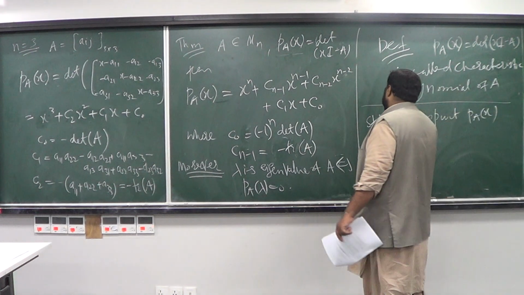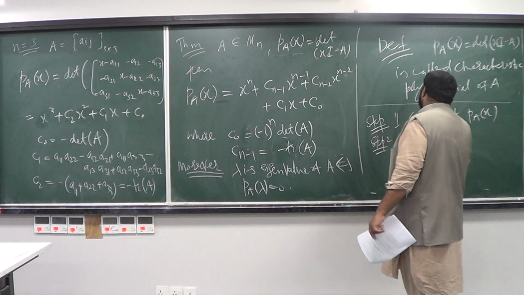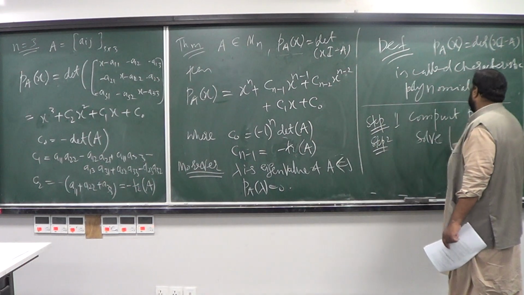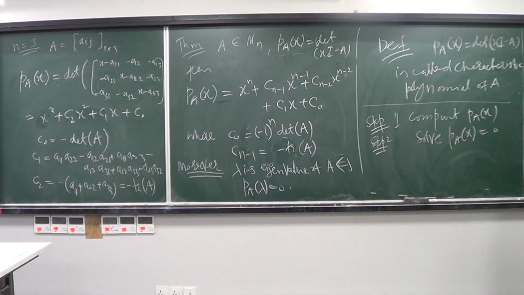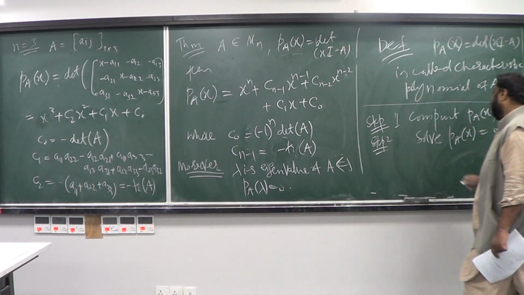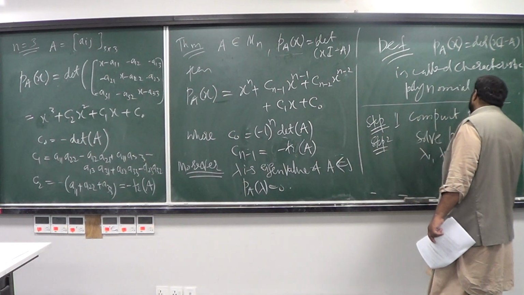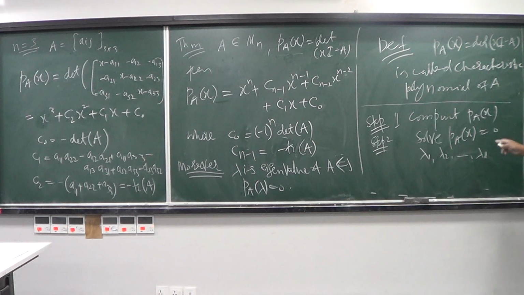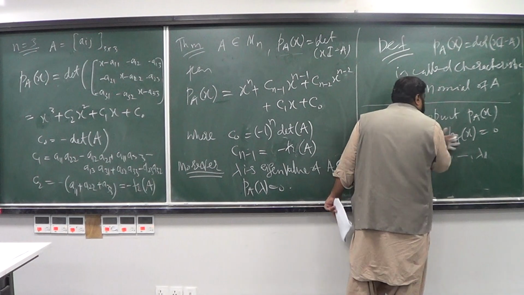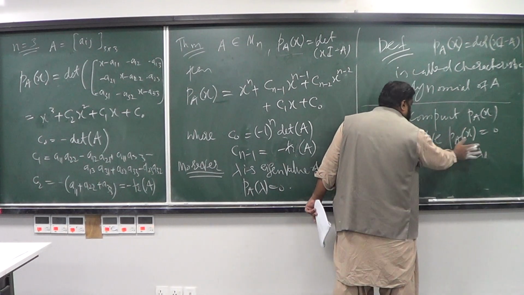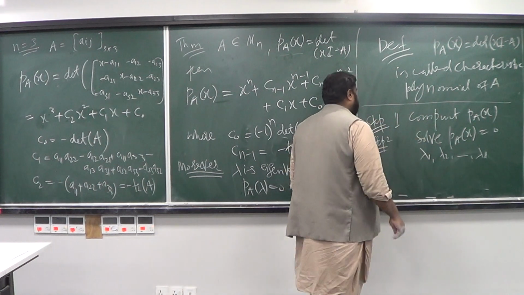Step two, solve Pa of x equal to 0. As a solution, say you get some lambdas, lambda 1, lambda 2, up to lambda d. These are the roots of the equation, and they are the eigenvalues of the matrix A.